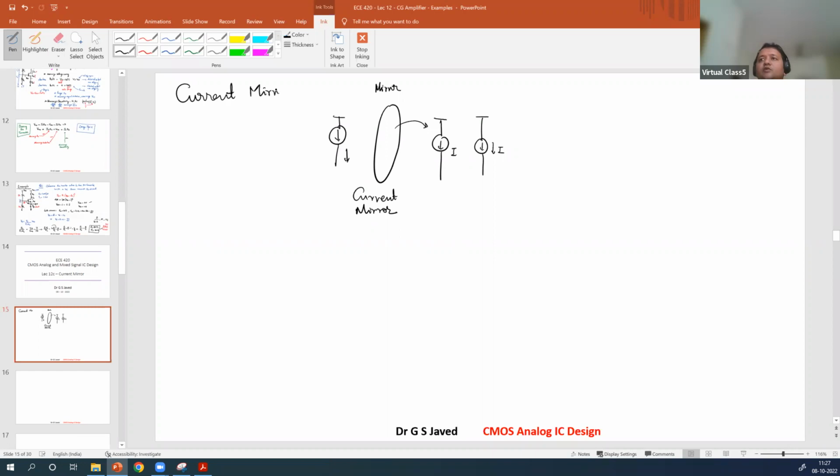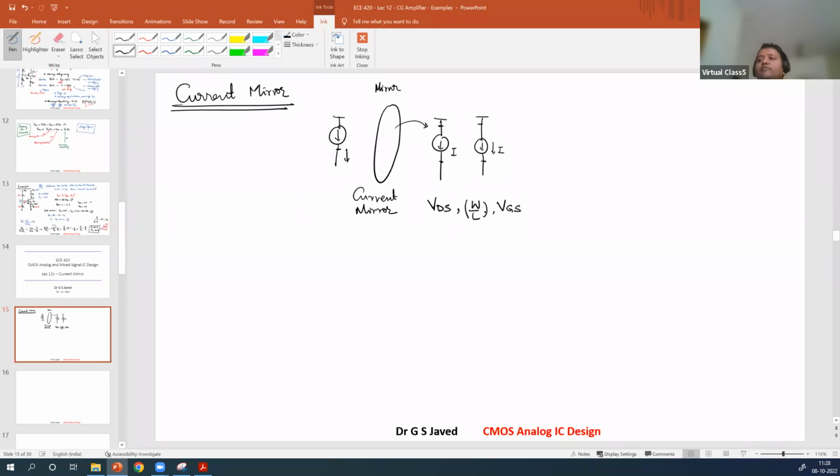Now the question is, how do I mirror this current? So what are the conditions to mirror? The VDS of these devices has to be the same. If you keep the VDS same, if you keep the geometry same, and if you keep the VGS same, right?